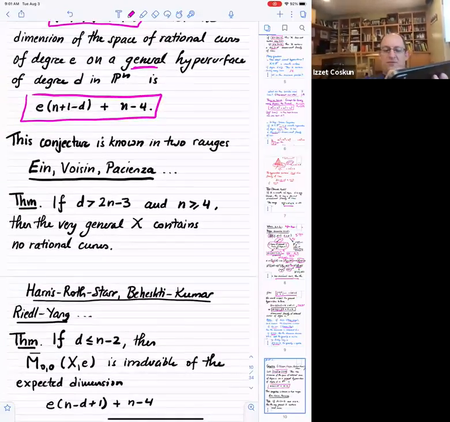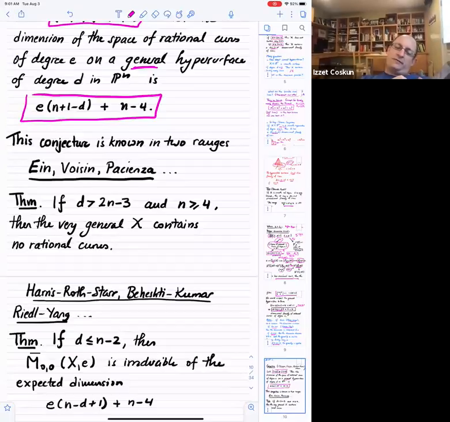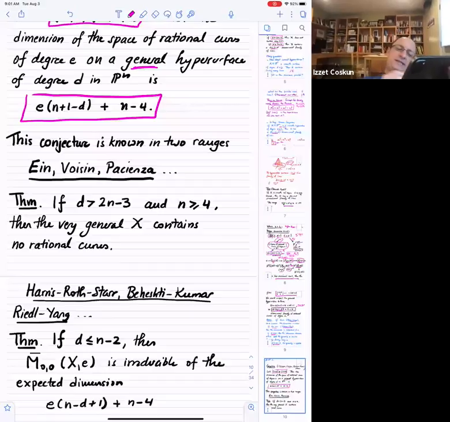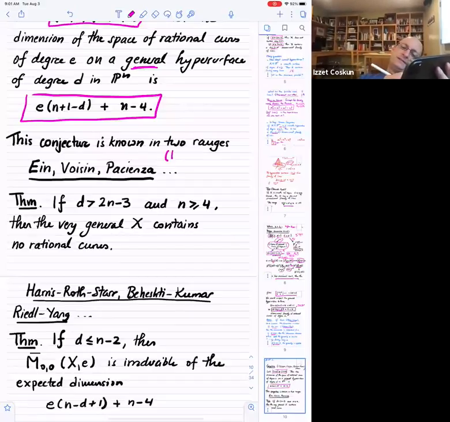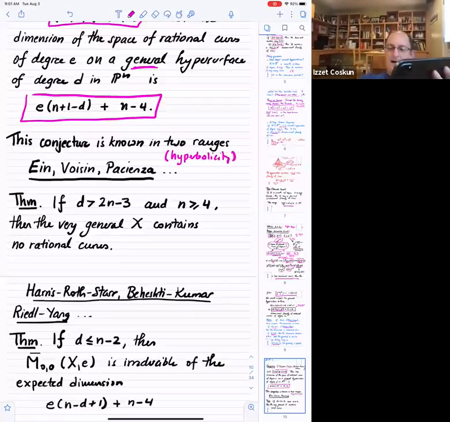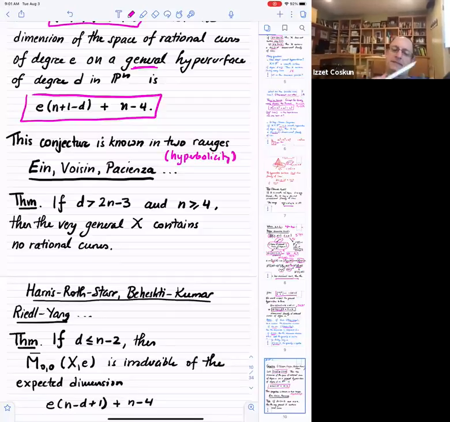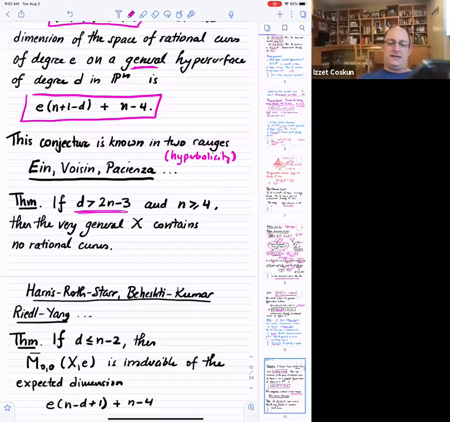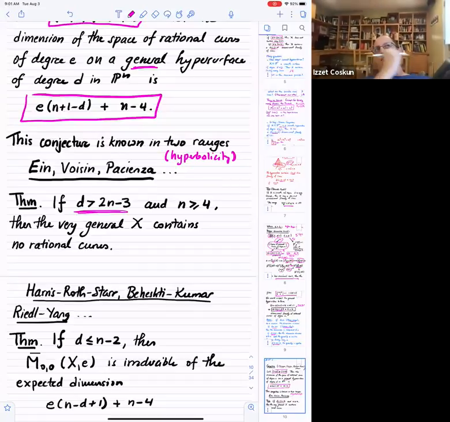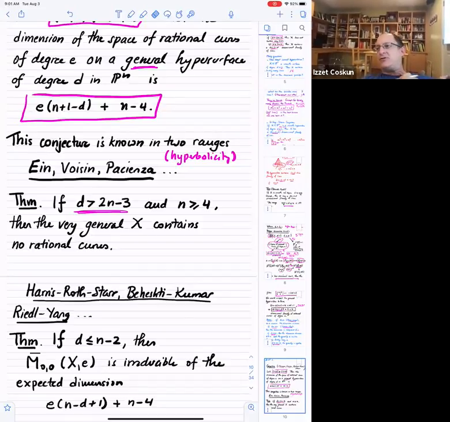So first of all, there is work of Ein, Voisin, Pacienza, and many people. This uses ideas of hyperbolicity, and that will be my lecture next time. I will talk about hyperbolicity next time. But in this range, if d is bigger than 2n - 3, what Ein proves is that basically every subvariety of a very general hypersurface is of general type.